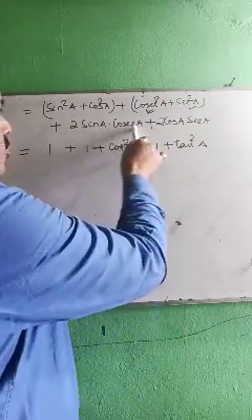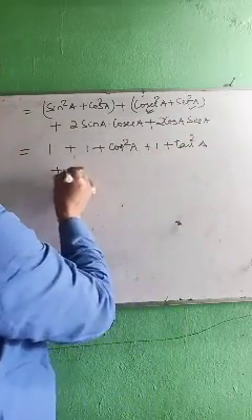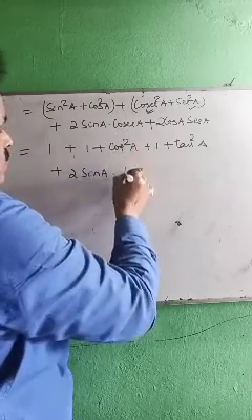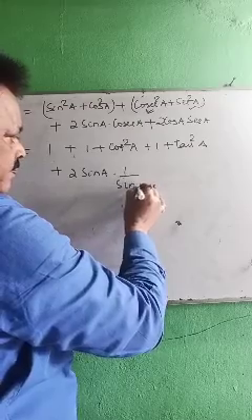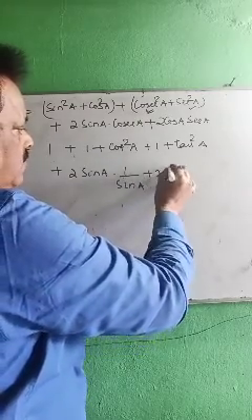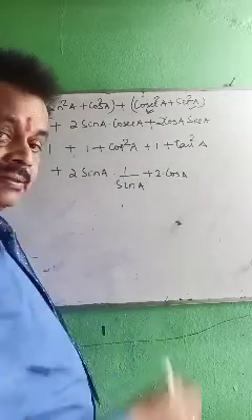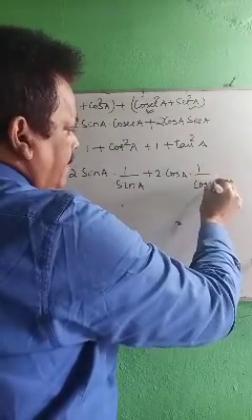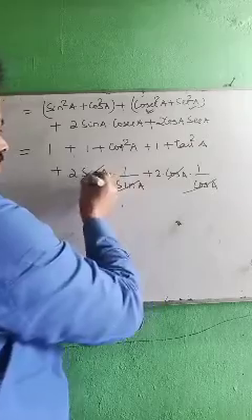Now what about these two part? So that is plus 2 sin A. Cosec is 1 by sin A, plus 2 cos A. Sec is 1 by cos A. This cos cancel, sin cancel.